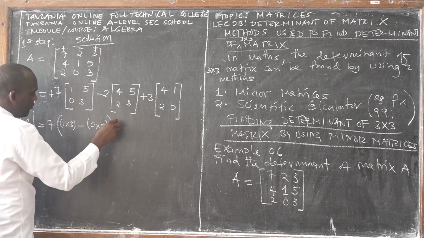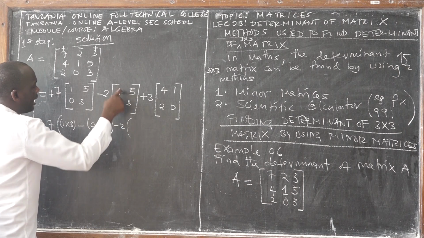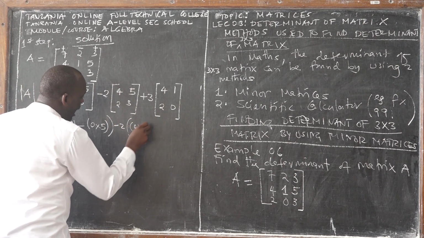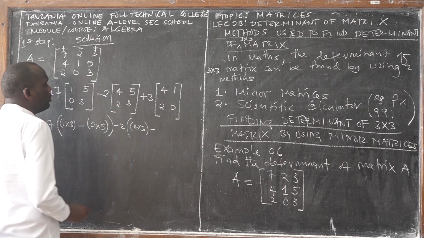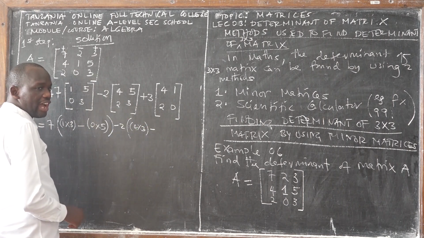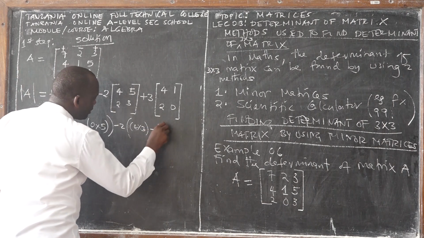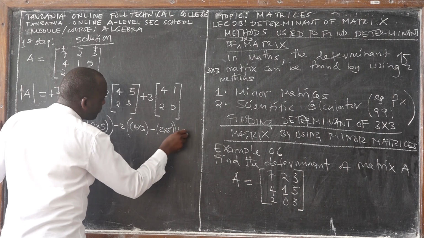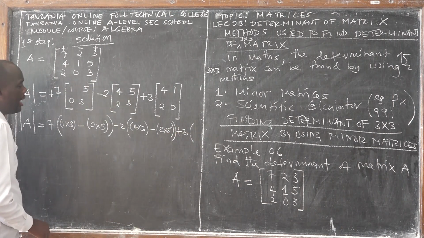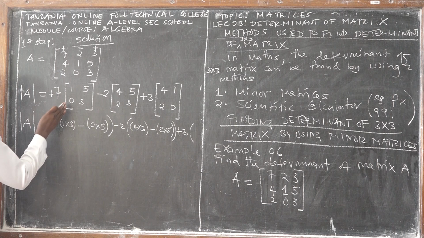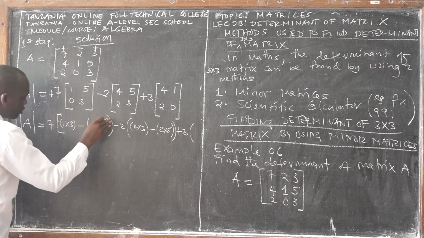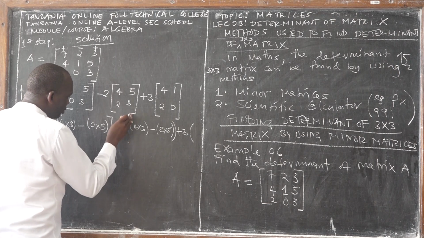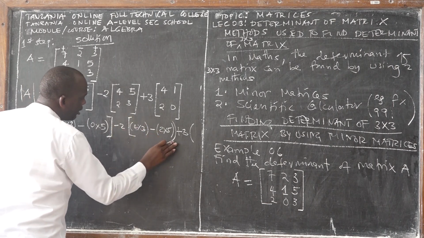Then close the bracket. Minus 2, open bracket. The leading diagonal is 4 times 3. I'm doing it this way so that it will be easier for you to remember. Then the leading diagonal is 2 times 5. Then we close the bracket. Plus 3, open bracket. You may use square brackets also; you should not worry about using square brackets.